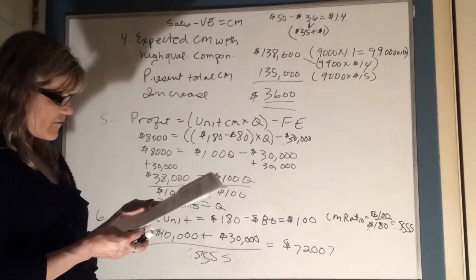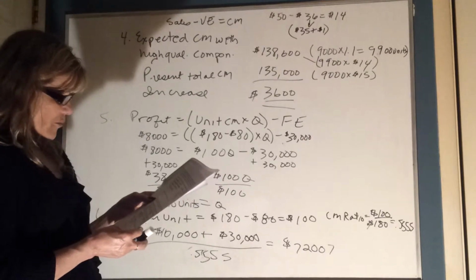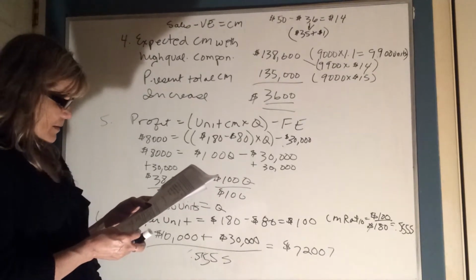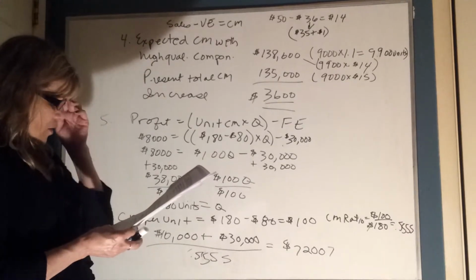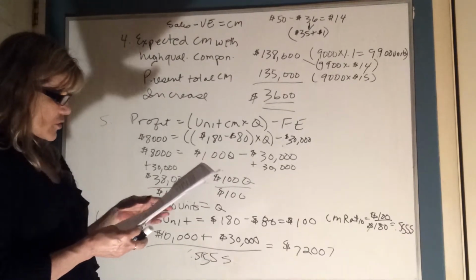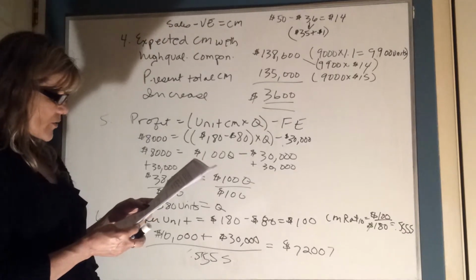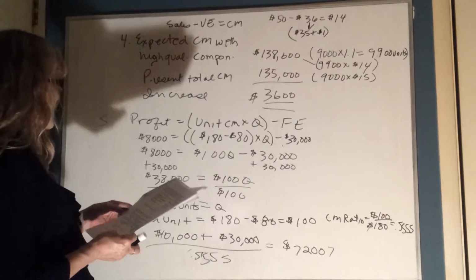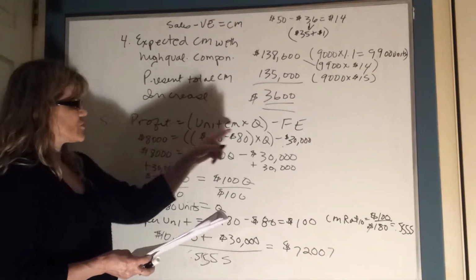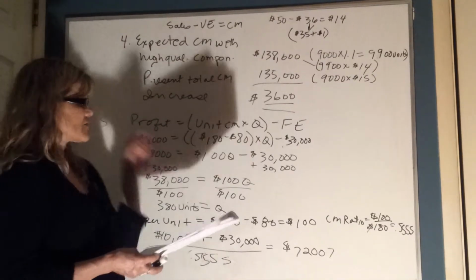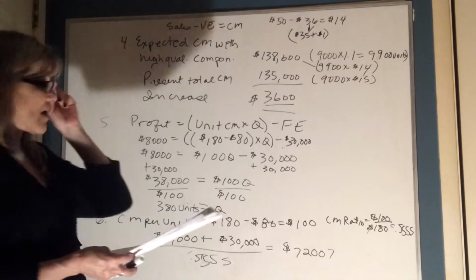And number 5, Bobby is a single product, selling price is $180, variable expenses $80, and the fixed expenses are $30,000. We want to use the equation method to determine the unit sales that are required to earn a target profit of $8,000. So if we set up the equation this way, profit equals unit contribution margin times quantity minus fixed expenses, we can go ahead and solve.